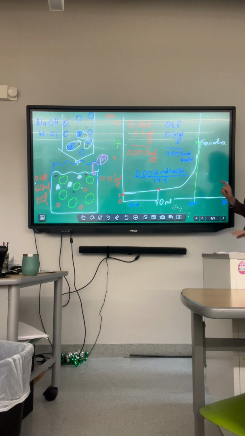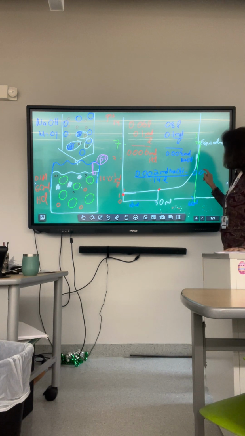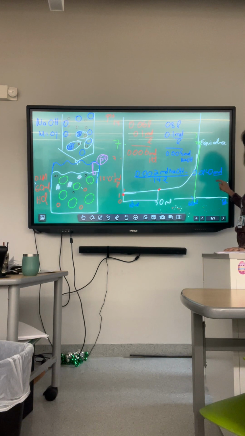What did you get for the concentration? 0.0142 moles per liter of NaOH.